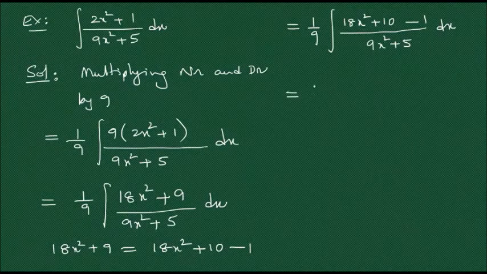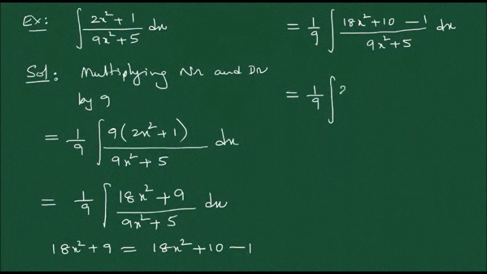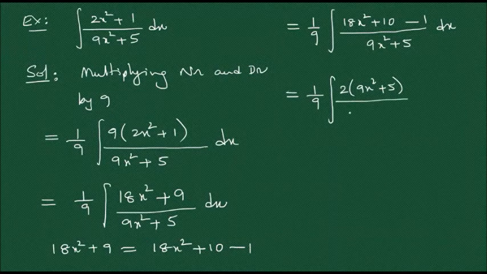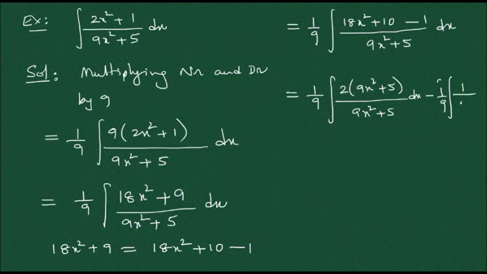That again is equal to 1 by 9 integration of, I am taking 2 common, 9x square plus 5 by 9x square plus 5 dx minus 1 by 9 integration of 1 by 9x square plus 5 dx.